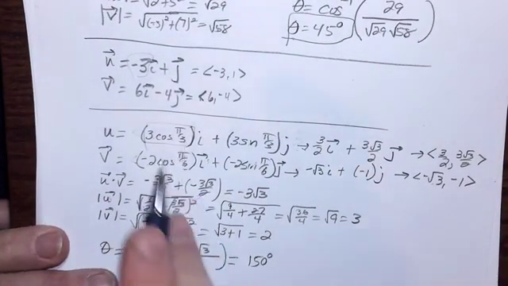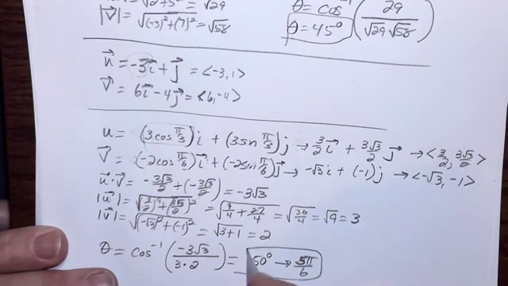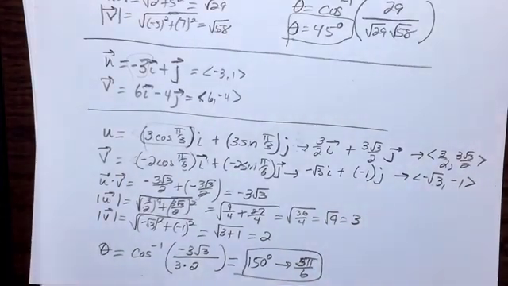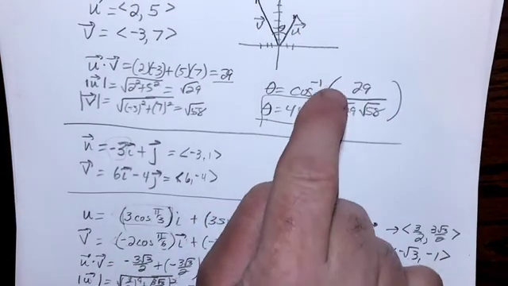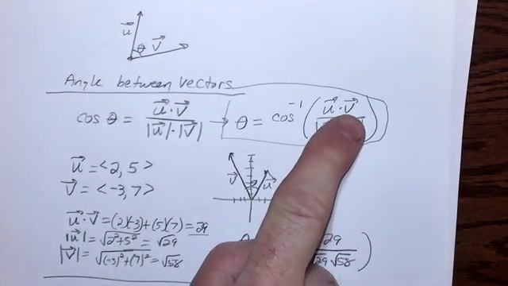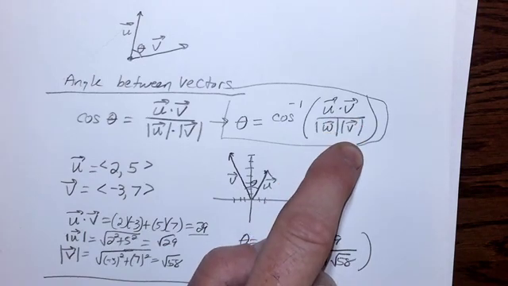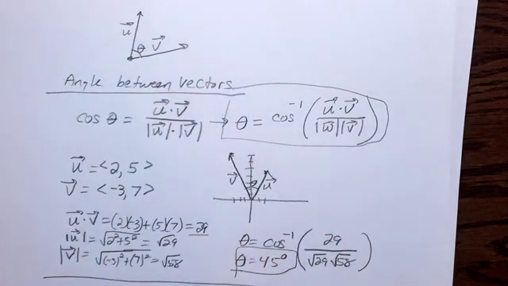Since this was in radians, you might want to convert that back. In radians, that would be 5 pi over 6. Either one of those is fine. And that's what your answer is. That's what your assignment's on today. It really goes back to knowing this formula right here. Find 3 things: the dot product, the magnitude of the 2 vectors separately, plug it in there, and you got your answer.